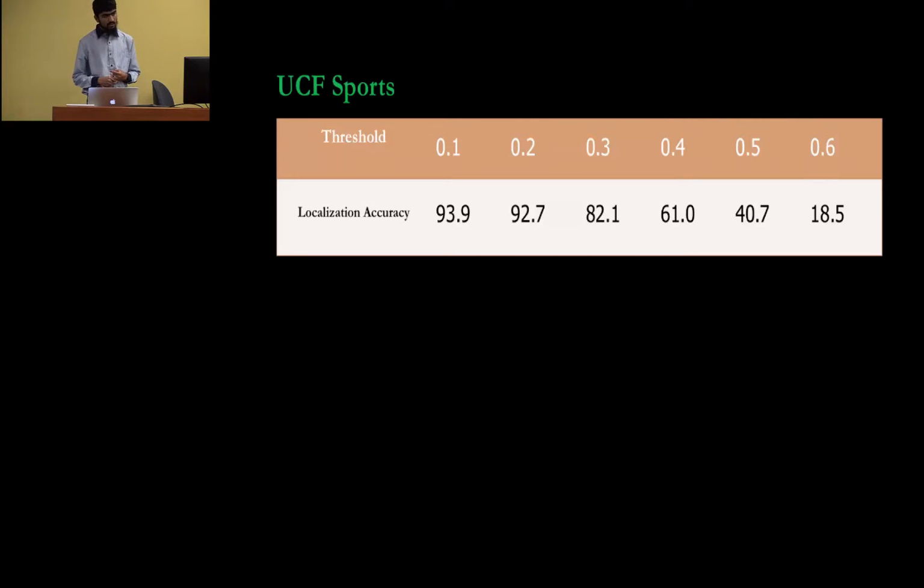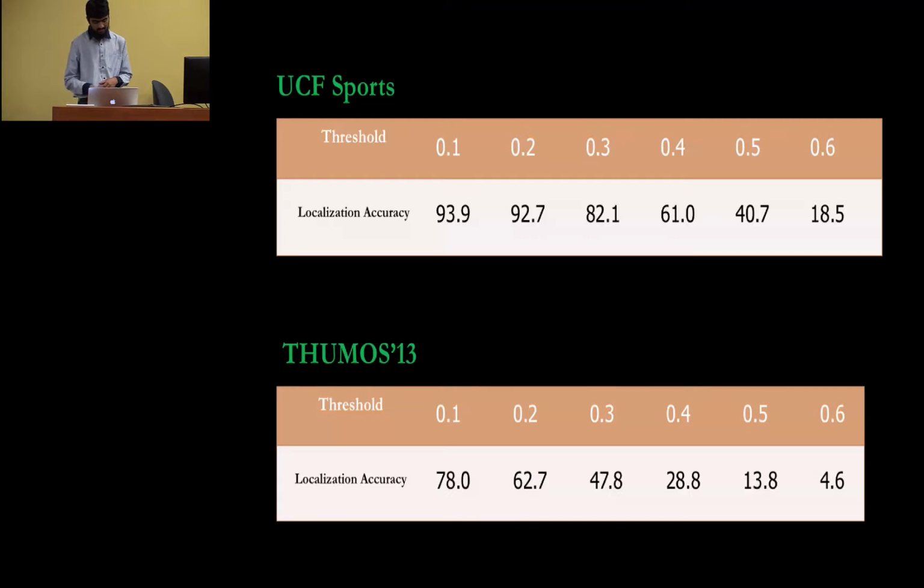Here I'm showing you the quantitative results for UCF Sports across different thresholds, and you can see that although we perform pretty well at the lower thresholds, the localization accuracy at a high threshold like 0.5 and 0.6 is also reasonable. However, as you might expect, the localization accuracy decreases with the increasing threshold.